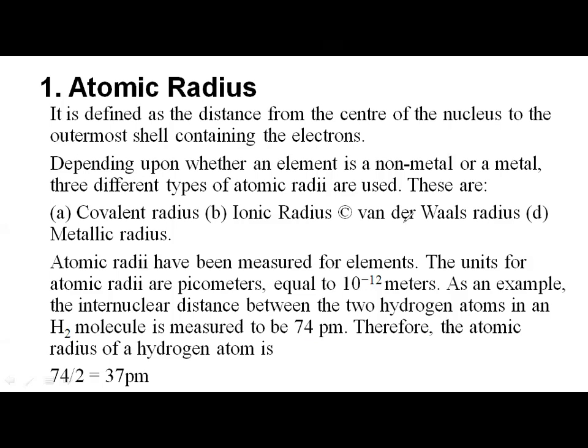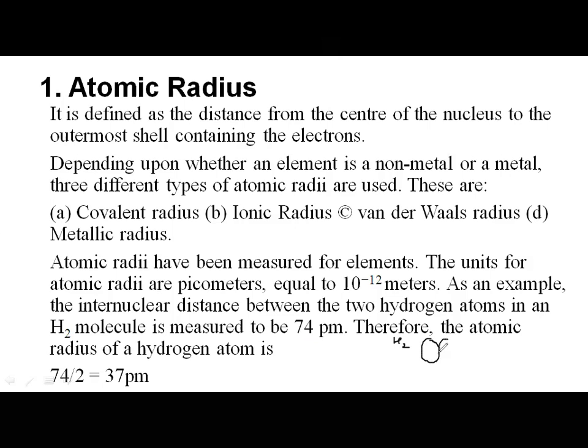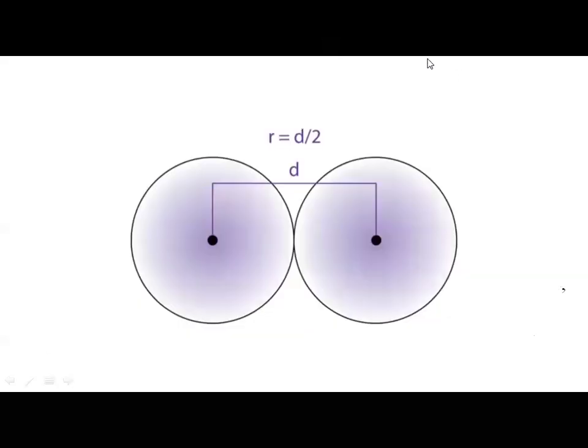So in the H2 molecule there are two atoms of hydrogen, and the internuclear distance is 74 picometers. Therefore, what is the atomic radius of hydrogen? 74 by 2, 37 picometers. This is how we say atomic radii. Half of the internuclear distance becomes the atomic radius.